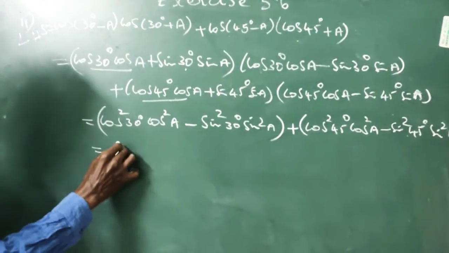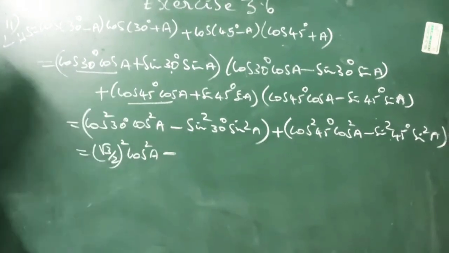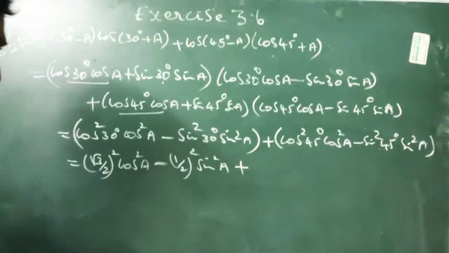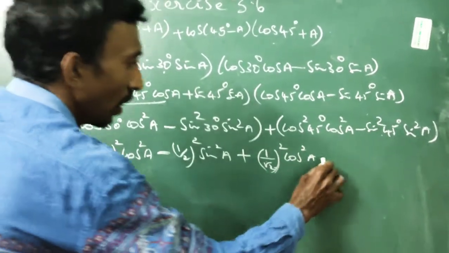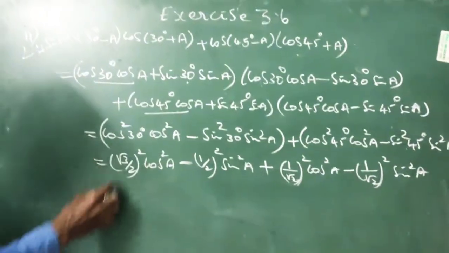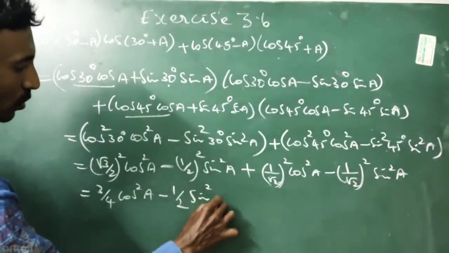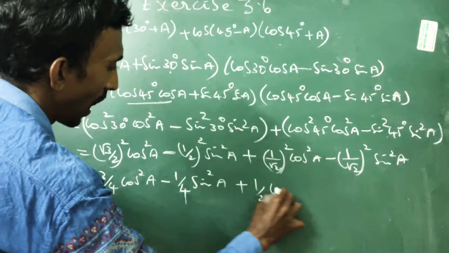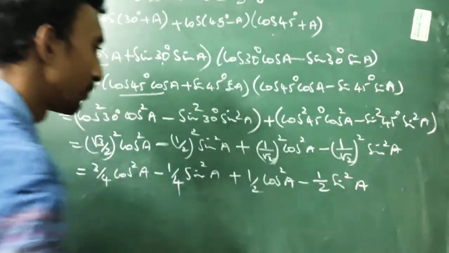Cos 30 is root 3 by 2, so (root 3 by 2) whole square into cos square A, minus sin 30 is 1 by 2, so (1 by 2) whole square into sin square A, plus cos 45 and sin 45 are both 1 by root 2, so (1 by root 2) whole square into cos square A minus (1 by root 2) whole square into sin square A. So it is 3 by 4 cos square A minus 1 by 4 sin square A plus 1 by 2 cos square A minus 1 by 2 sin square A.